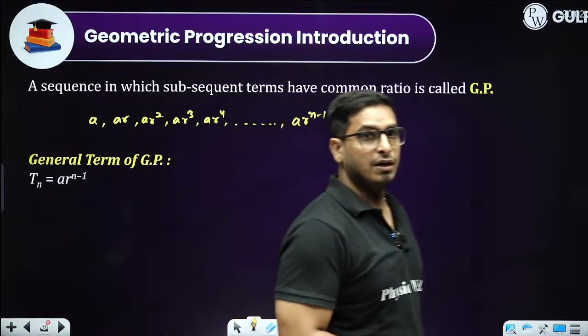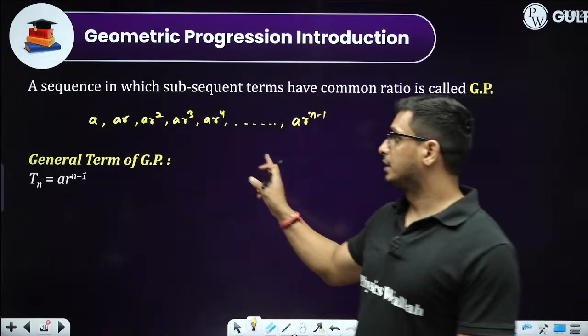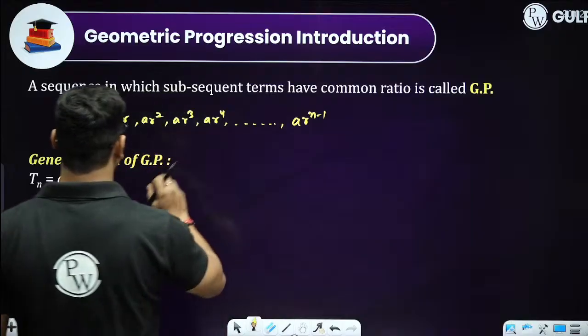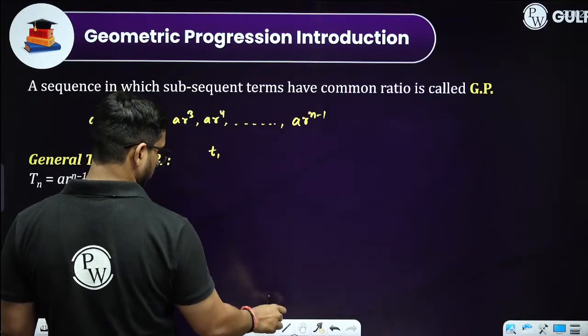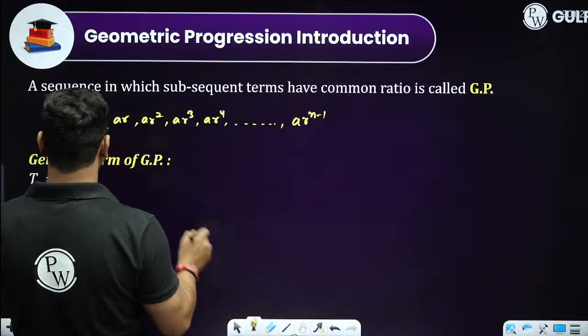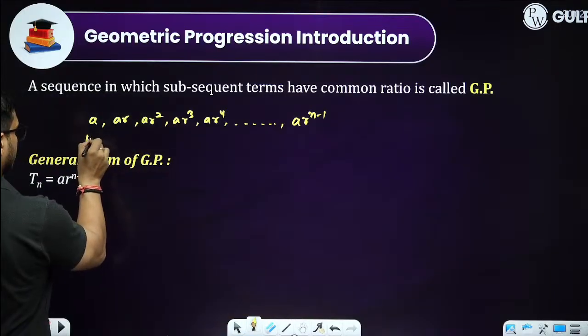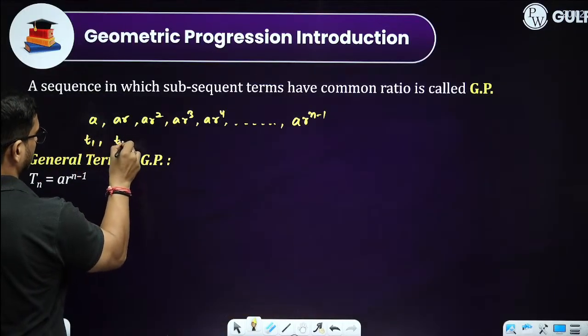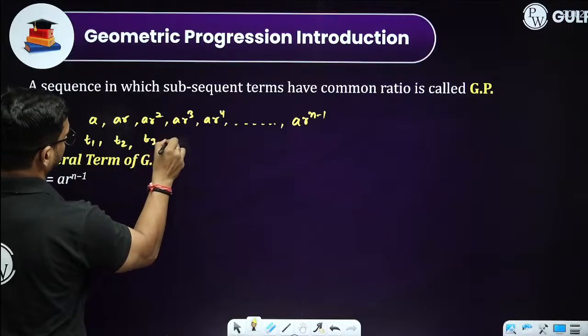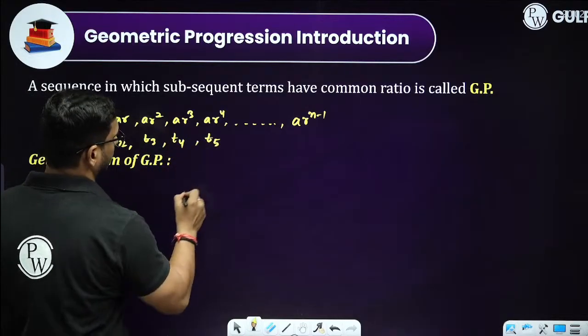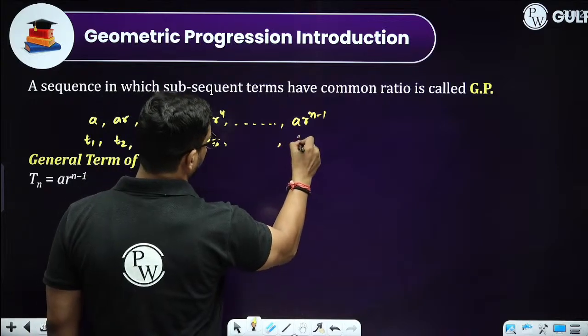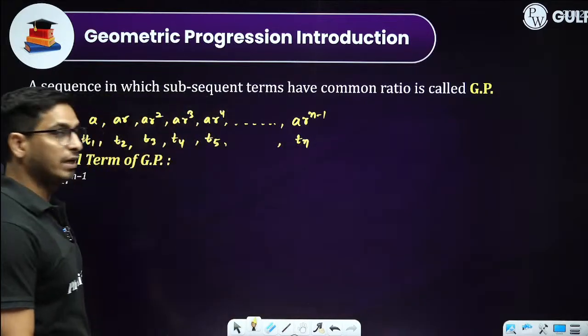Now see here in this sequence, we have T1, T2, T3, T4, T5, and then this one is Tn, correct?